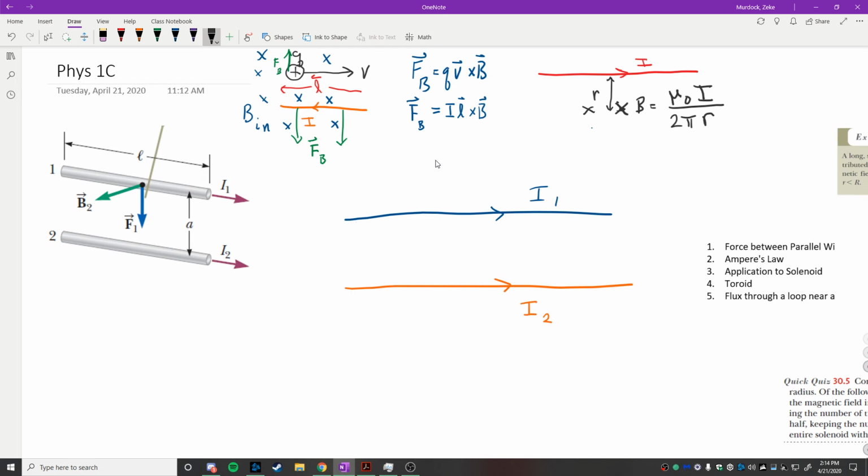And the field is going to point into the page here, and it's going to point out of the page up here. The field's going to get weaker the farther away you go. So this is the theory.